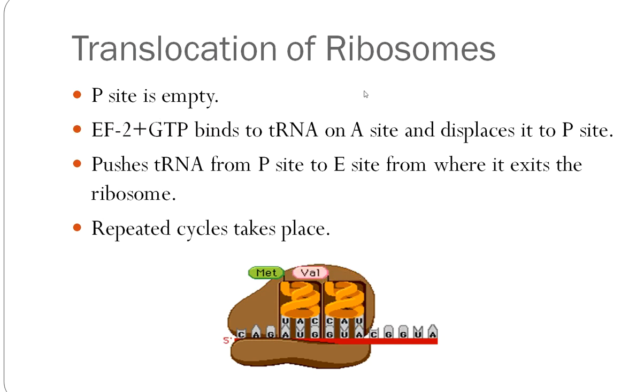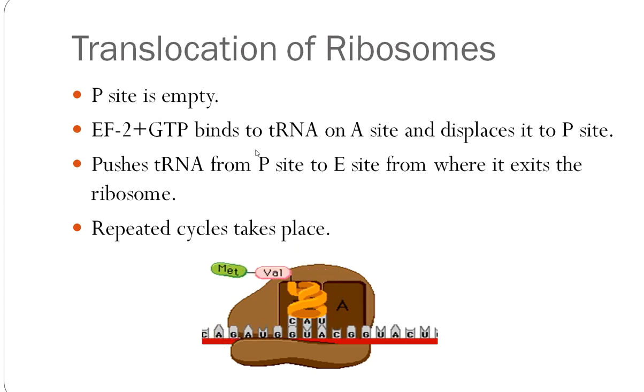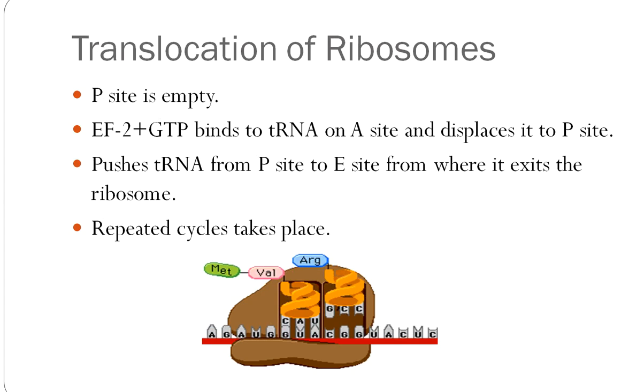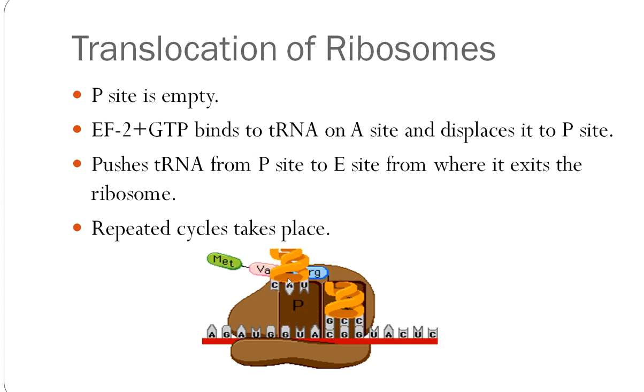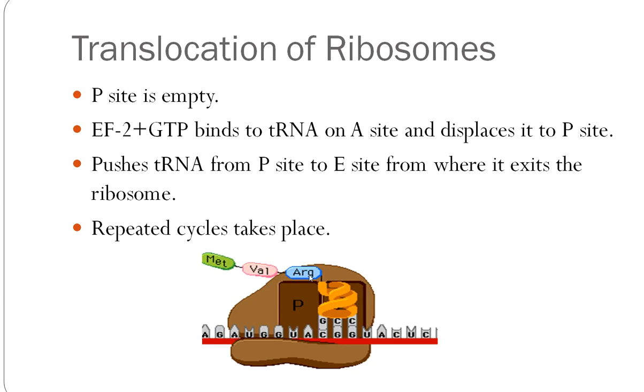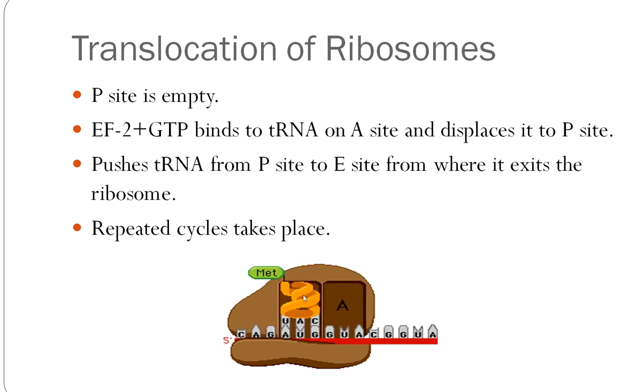Third is the translocation of ribosomes. After peptide bond formation, the tRNA in the P site is empty. Its amino acid is bonded to the amino acid of the tRNA in the A site. Here we have seen that this amino acid is bonded with this one.